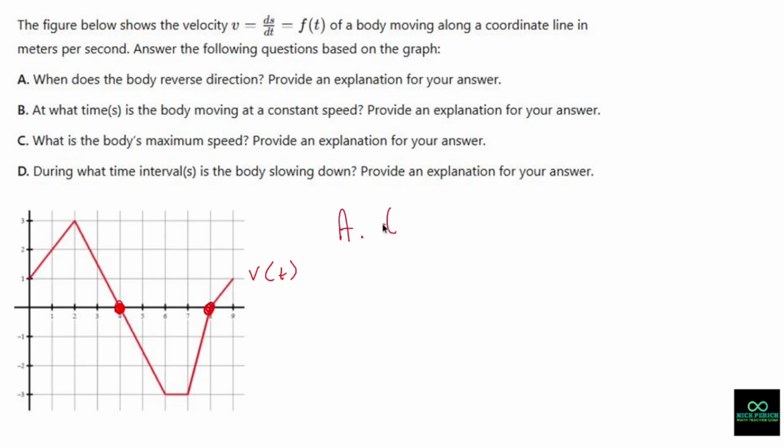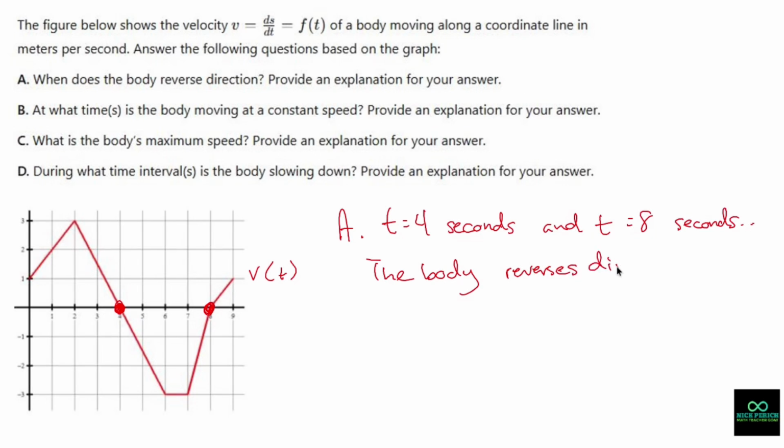So A is going to be t equals 4 seconds and t equals 8 seconds, because the body reverses direction anytime there is a sign change. That occurs whenever you cross the x-axis.